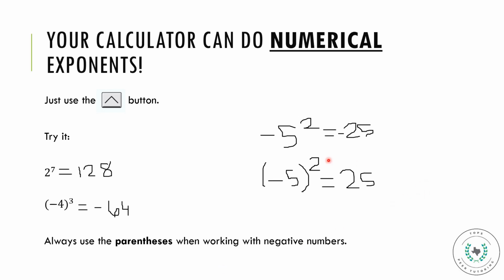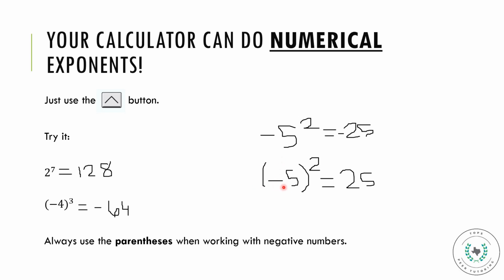I assume that the reason for this is because it seems like whenever you do a negative base with an exponent, your calculator doesn't read the negative as attached to the number. So usually the calculator just reads 5 to the power of 2. And then it does 25, and then it slaps the minus sign on at the end, like it's a bandage.